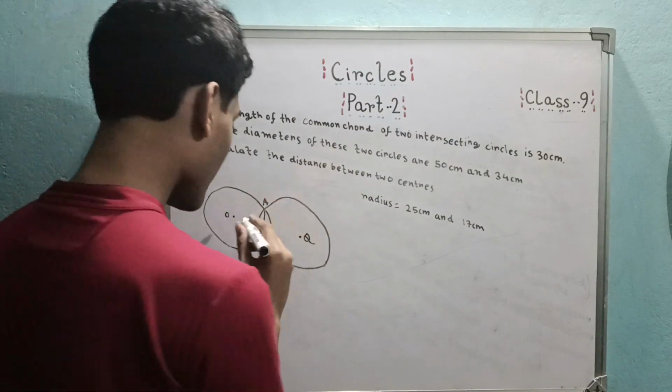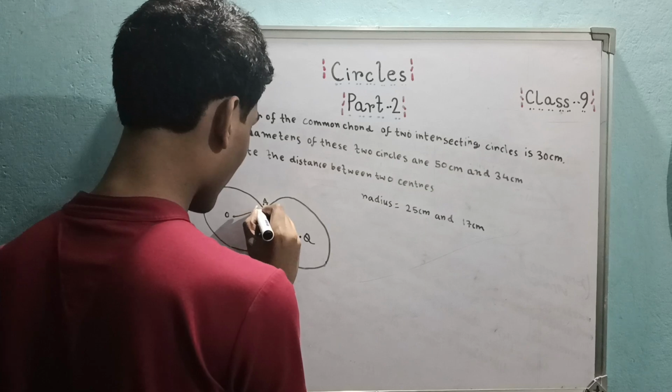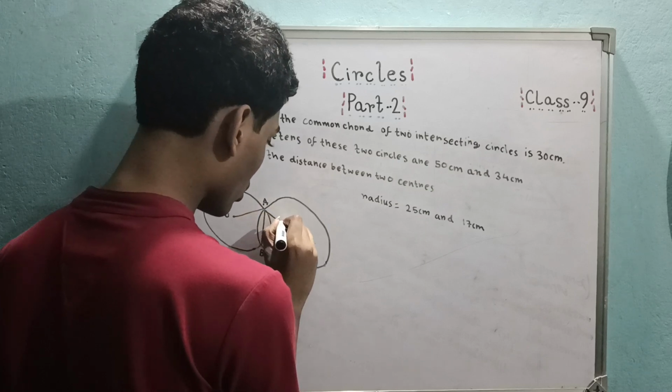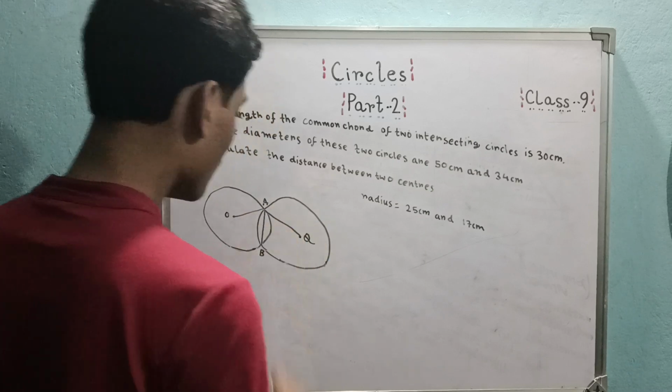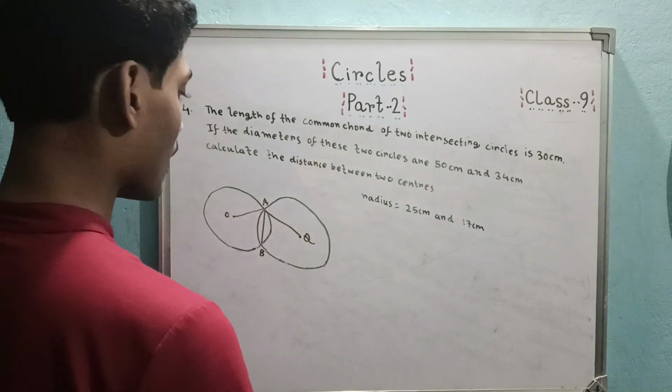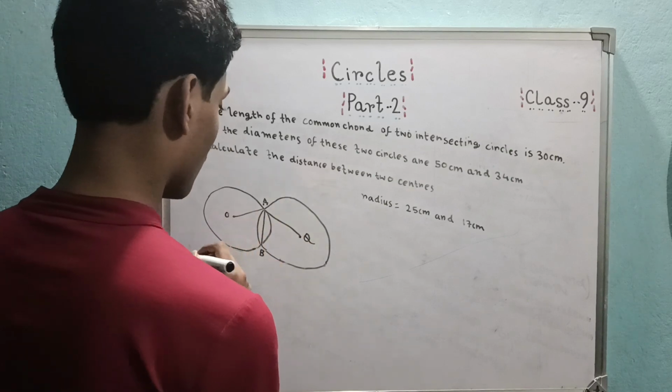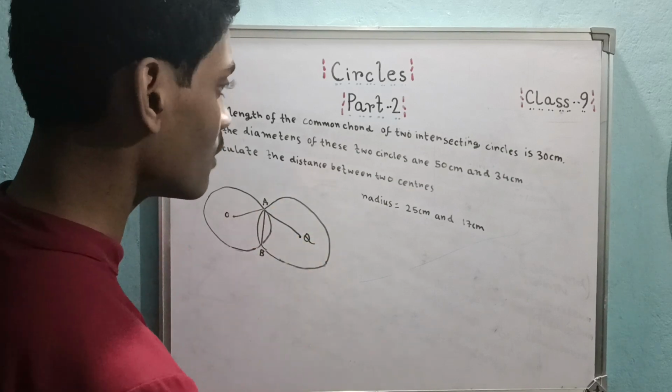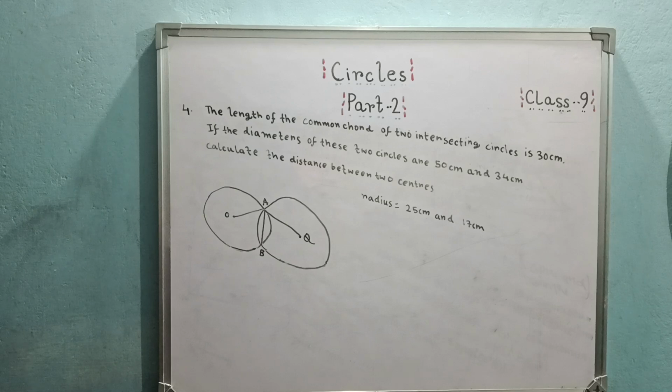So if I join OA and AQ, then they can be the radius of the two circles. Suppose this is the radius 25 centimeter of the first circle, and this is the radius 17 centimeter of the second circle.